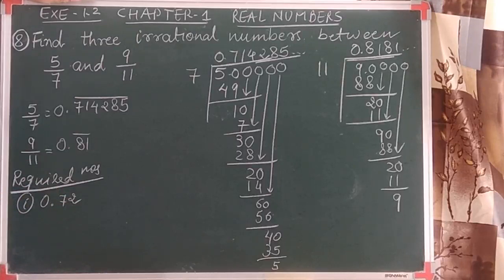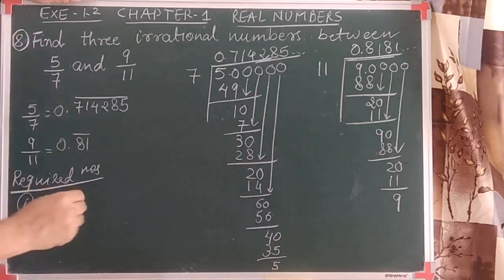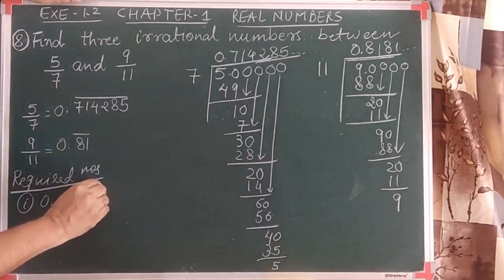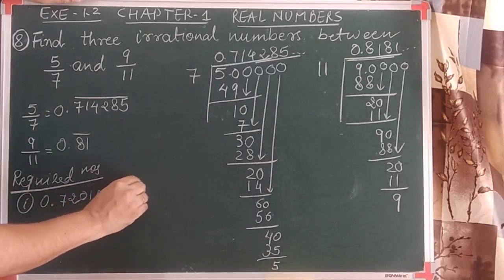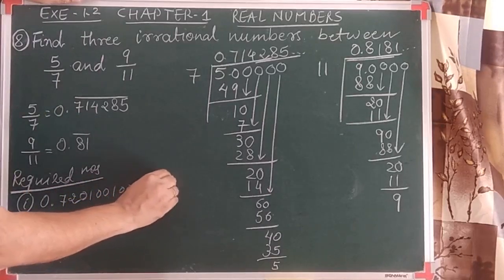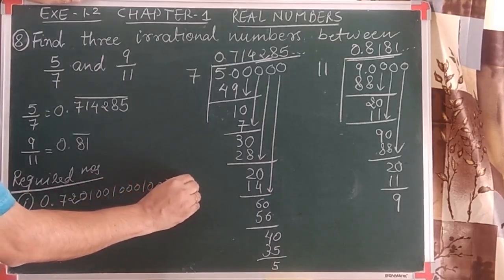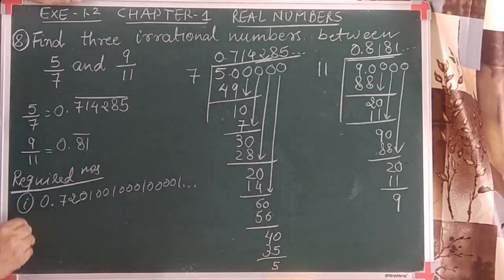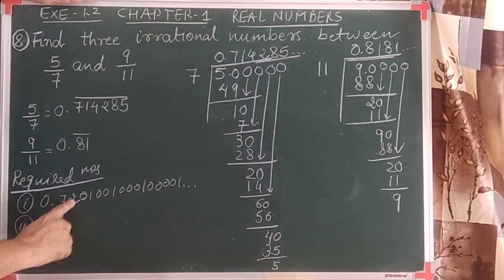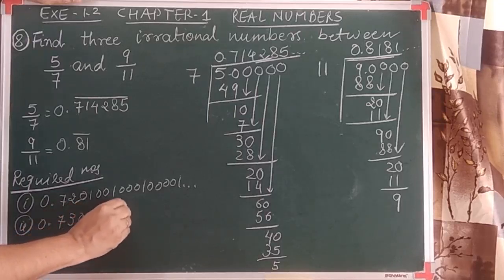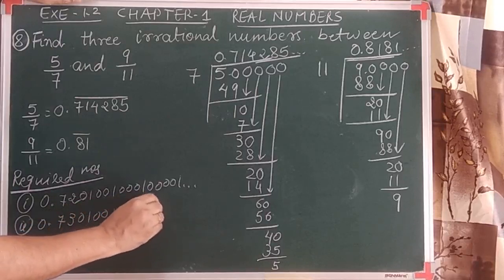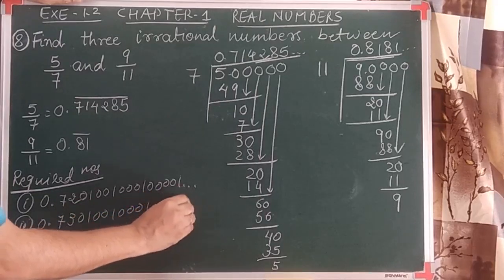So what we can write, as we have done earlier, 0.010010001, like this 0.01000100001 and so on. One more number will be required. So instead of 2 I can write 3, 0.01001000 1 and so on.